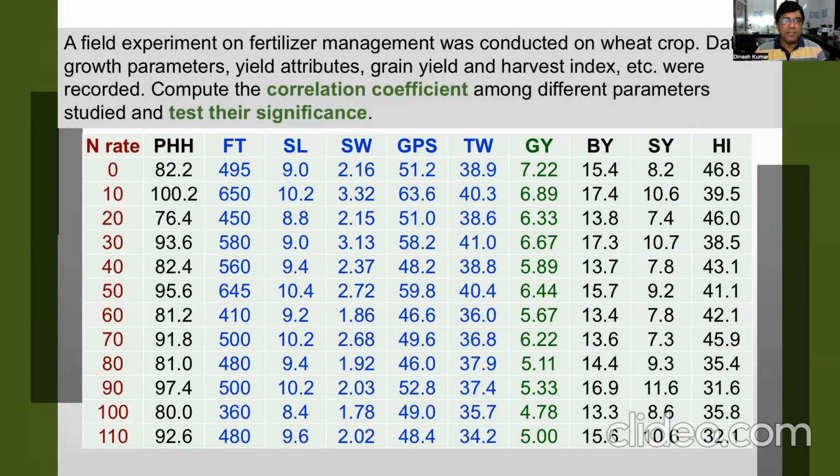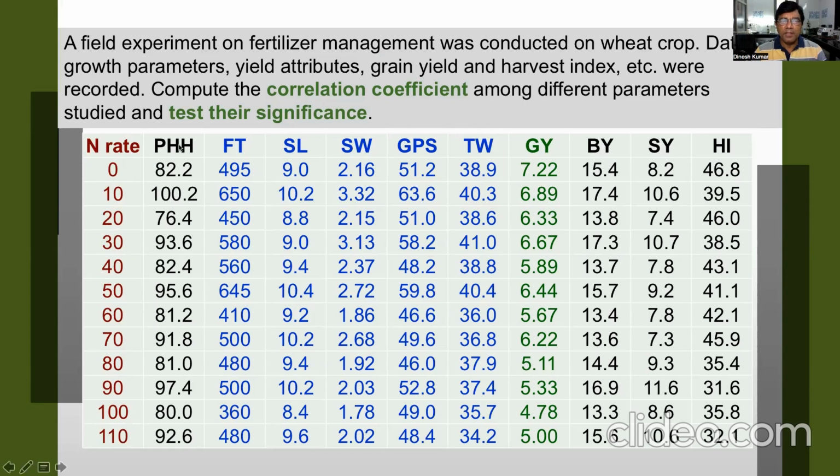And then this is the data. You can see there are a number of pairs: 1, 2, 3, 4, 5, 6, 7, 8, 9, 10, 11, 12. 12 pairs of data. But I already told you that the minimum pairs of data should be 4, and the more the merrier, the better. And these are different variables.